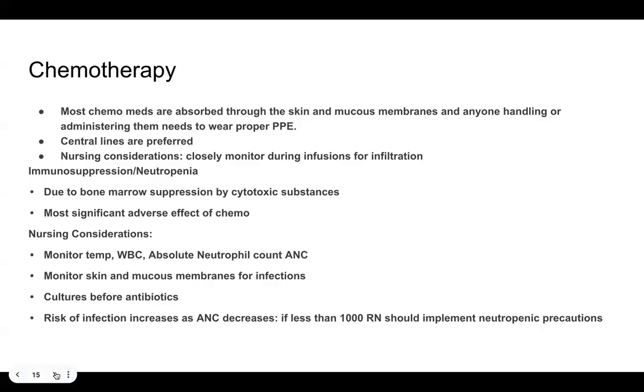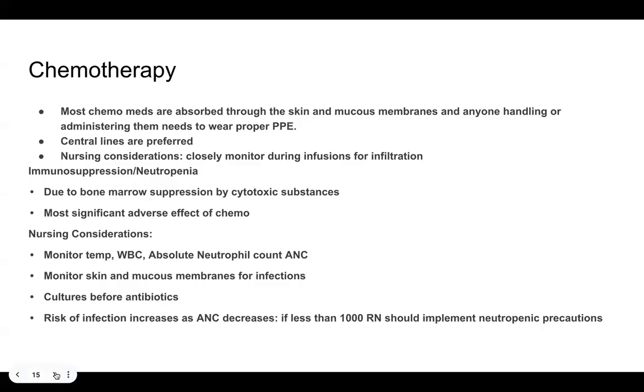Central lines are preferred when administering chemotherapeutic medications. We don't want to put those in peripheral lines because they are cytotoxic and can really damage the smaller vessels. And it's always important to think about nursing considerations.